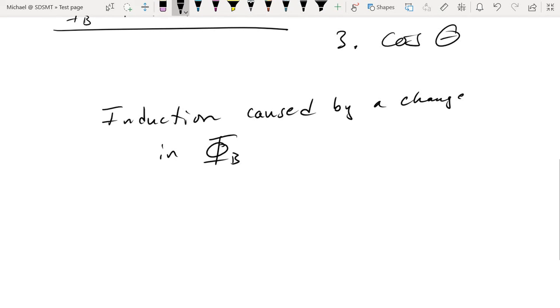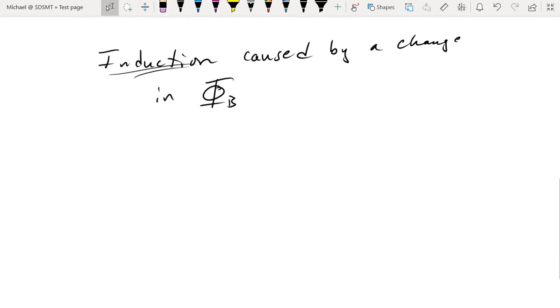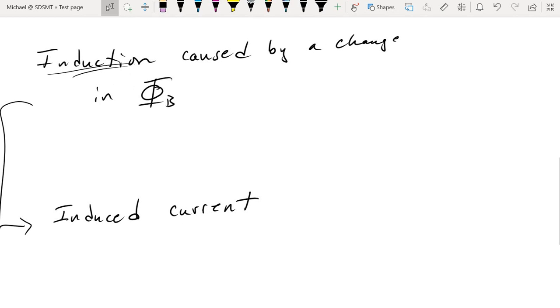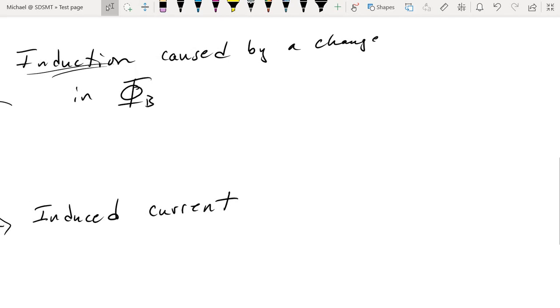So, what do we mean by induction? Well, the end result that we're really looking for is that we want to have some amount of induced current within our conducting material.